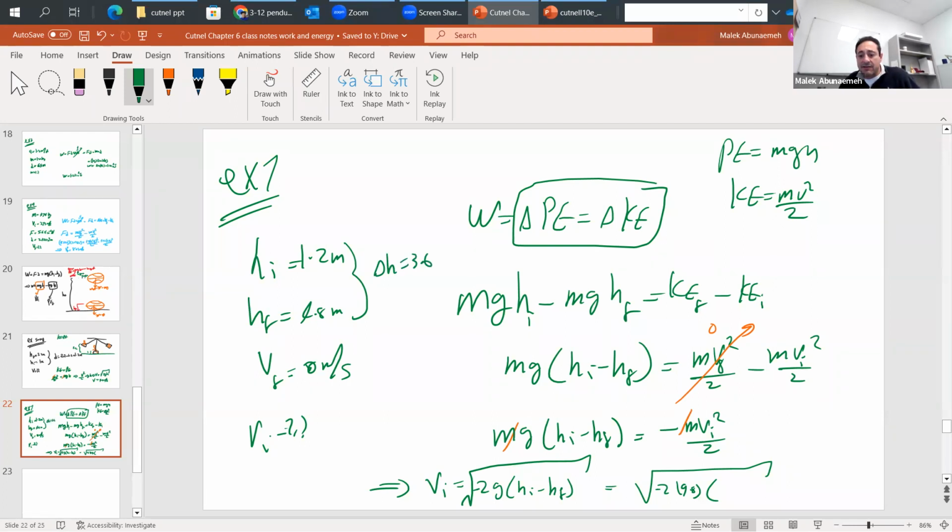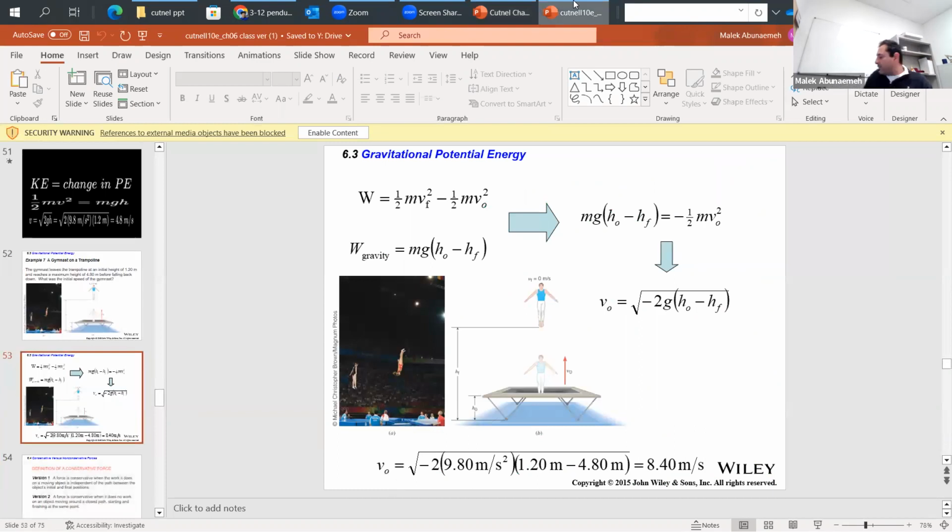It's going to be initial minus final, so it'll be minus 3.6. Your negatives go away, and you should get 8.4 meters per second. Let's go check our answer. And we get 8.4 meters per second, so our answer is correct.